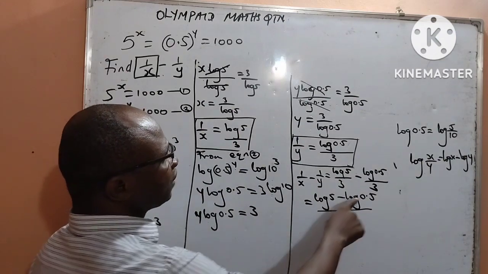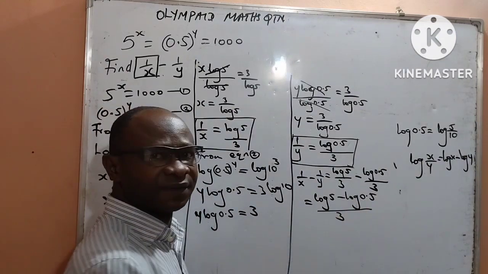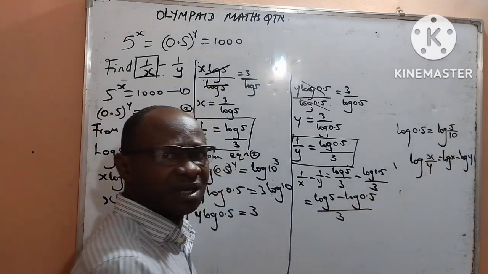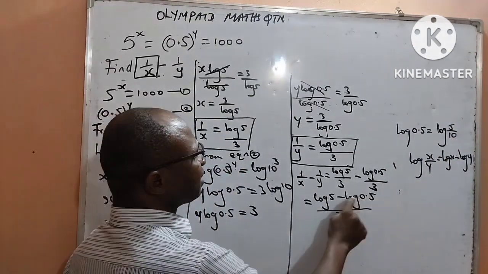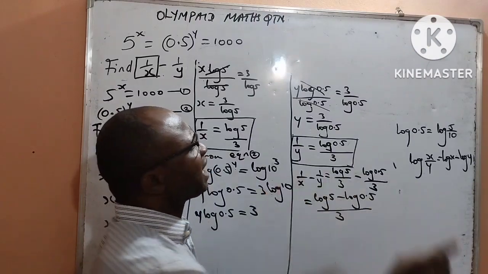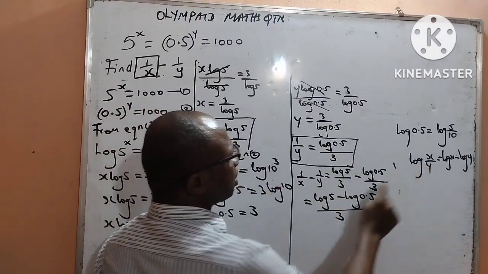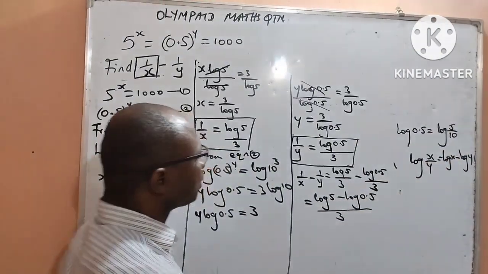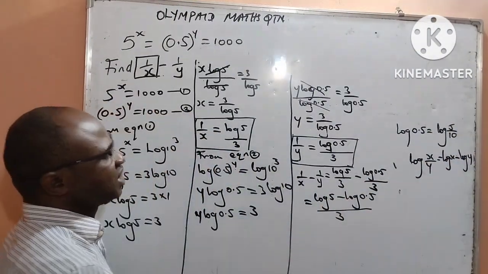So, if my log 0.5 is written as log of 5 over 10, it means I can write my log 0.5 as log of 5 minus log of 10. That is what I will apply next here.